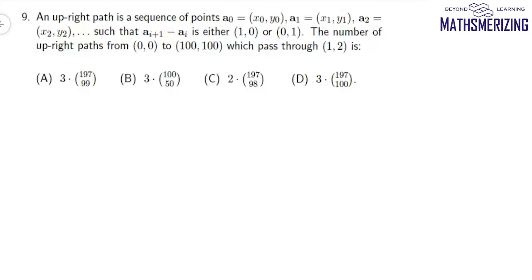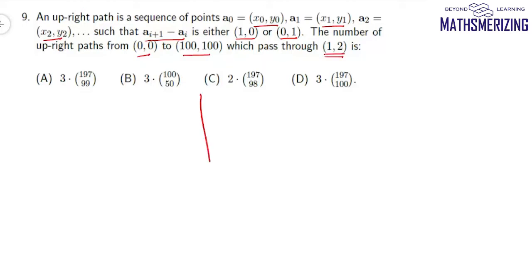Question number 9, it says an upright path is a sequence of points (x0, y0), (x1, y1), (x2, y2) such that a(i+1) minus a(i) is either (1, 0) or (0, 1). We need to find the number of upright paths from (0, 0) to (100, 100) which pass through (1, 2).